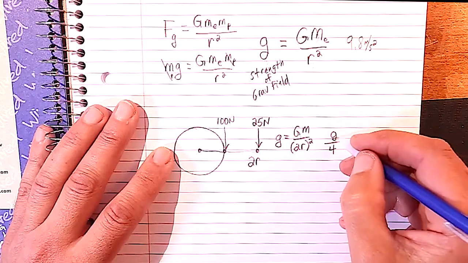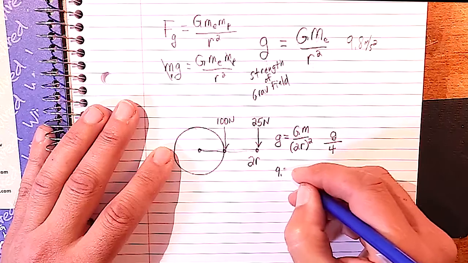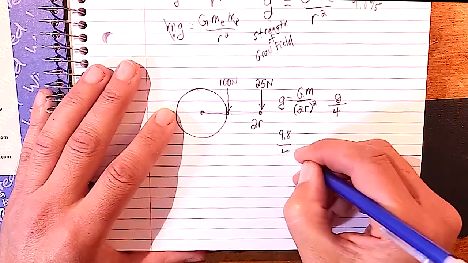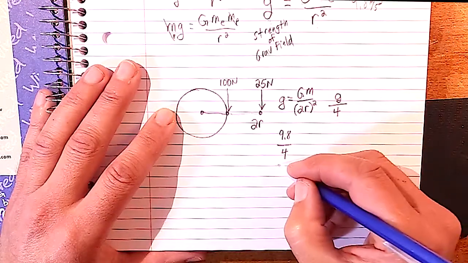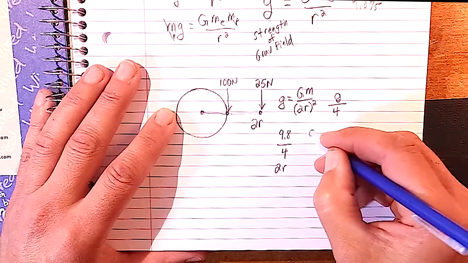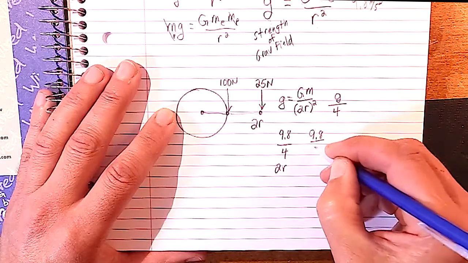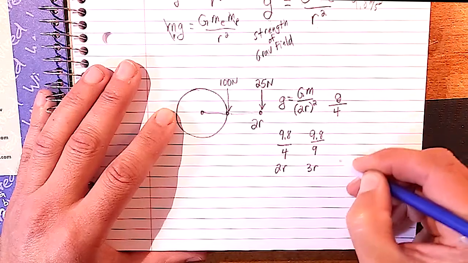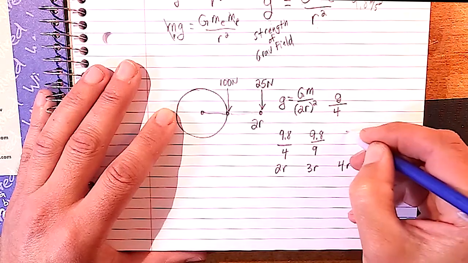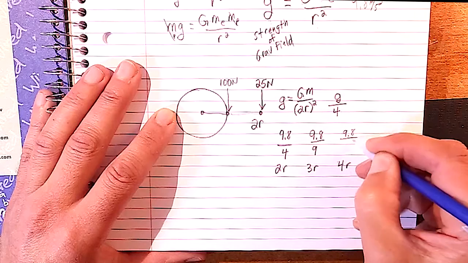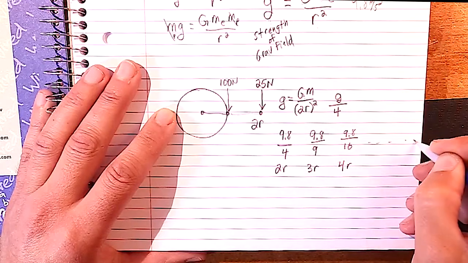And if we continued out, we would have 9.8 divided by 4 at 2r. Then at 3r, that would be 9.8 divided by 9. And at 4r, that would be 9.8 divided by 16, and so on.